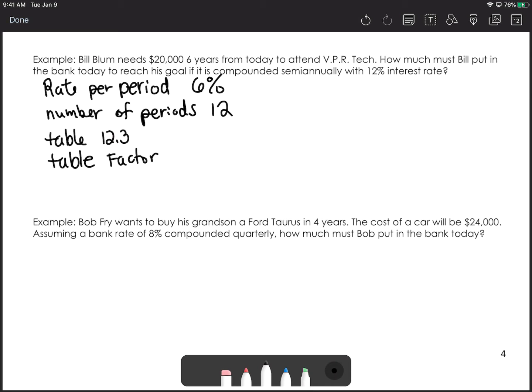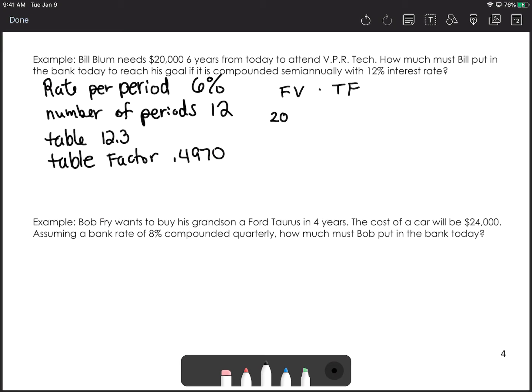Then we're going to look up on the page in our student handbook that has 6% up in the right-hand corner. And then we're going to look for the number of periods, 12, and we're going to go down the second column, table 12.3, and look for the table factor. We're going to get a table factor of 0.4970. So we need to take the future value times the table factor to see what our present value is going to be.